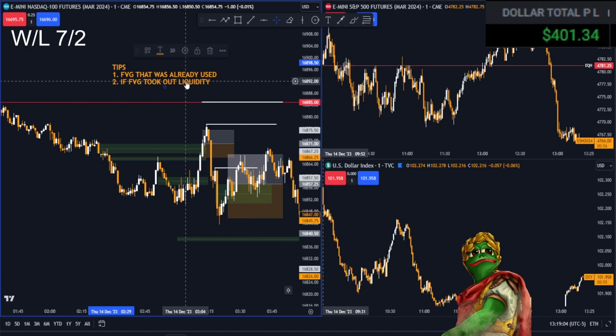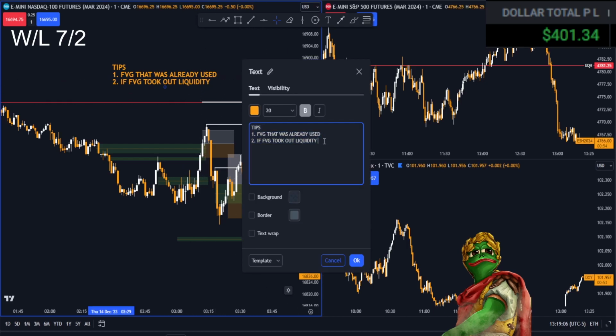Now, where should you put your stop loss? Stop loss should always be where the inversion fair value gap is disrespected.